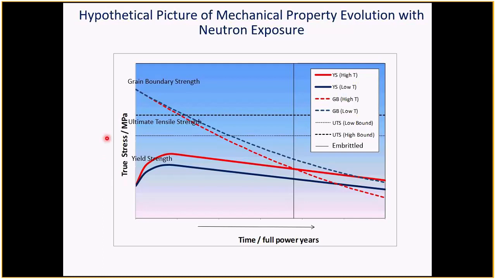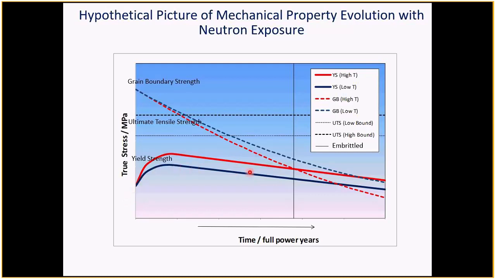Let's just think about it in terms of true stress. Let's take a chunk of material and look at the true stress and look at what's happening with time. Well, with time, the yield strength, depending on the temperature, at high temperatures first increases and then drops down according to this precipitation dissolution we're talking about.